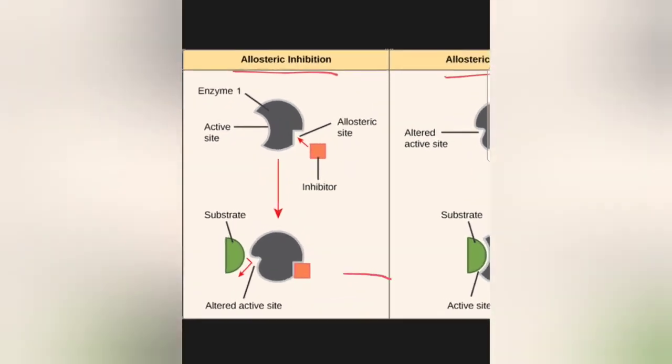So firstly, talking about allosteric inhibition, which in your book is named as negative allosterism. I'm writing in short negative allosterism. Now what is negative allosterism? First I'll read from the book and then I'll explain. When an effector molecule or inhibitor binds with the enzyme, the active site of the enzyme is changed so that the substrate cannot bind with the enzyme. The term inhibitor itself means that it inhibits or stops or destroys something.